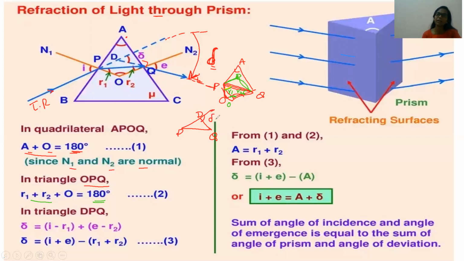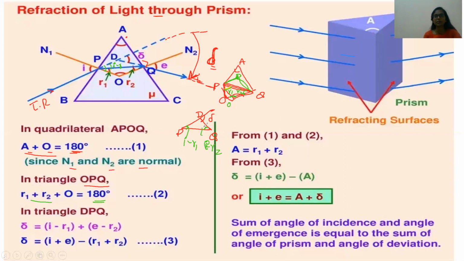Now, for the exterior angle, what is the exterior angle formula, children? It is the sum of the two opposite interior angles, right? This angle and this angle. So the total down angle is I, and one part is R1, so the remaining portion we can write as I minus R1. Similarly, this side is E minus R2.